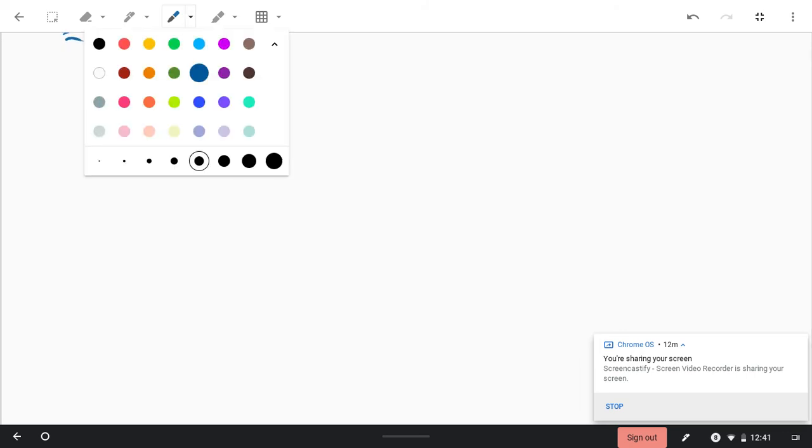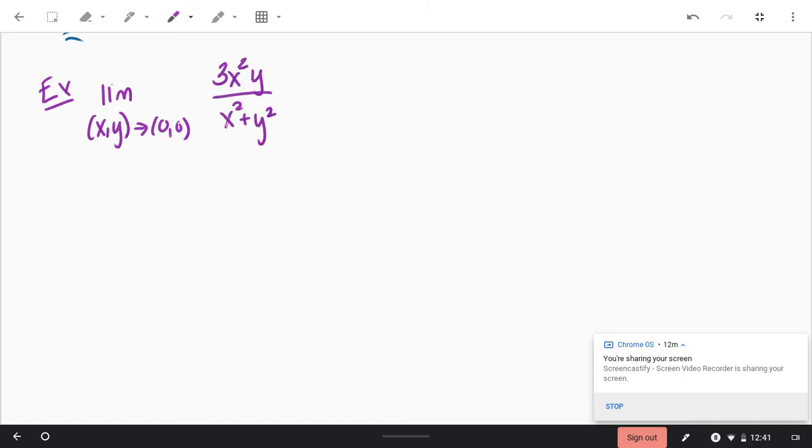Now, if we're going to take a look at another one here, we have the limit as (x,y) goes to (0,0) of 3x squared y over x squared plus y squared. Okay, now what happens here is everything that you try, it does seem to go to 0.